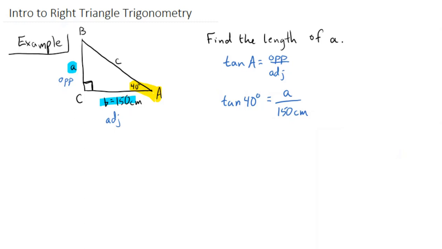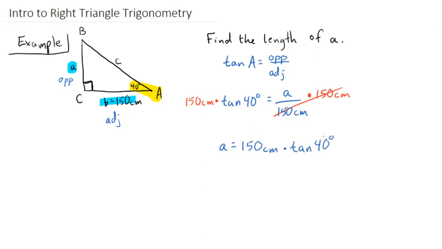So what I need to do is multiply by 150 centimeters in order to get that 150 centimeters to cancel. But what I do on one side, I have to do on the other. So then it cancels on this side. And then that leaves me with A equal to 150 centimeters times tangent of 40 degrees.